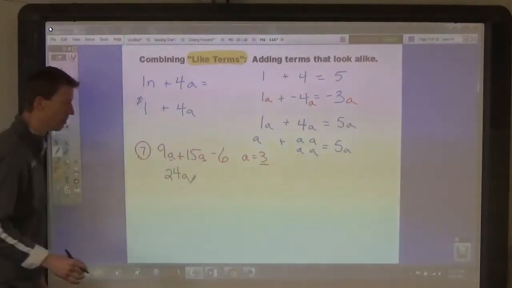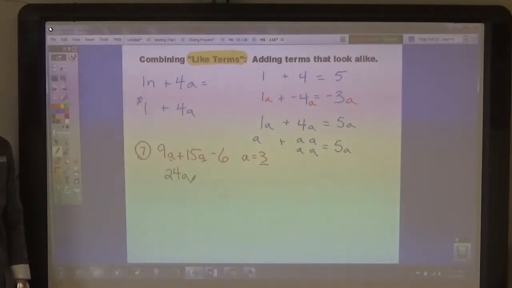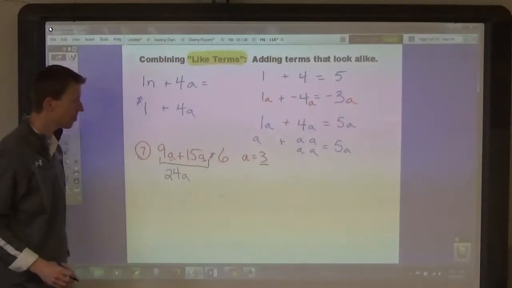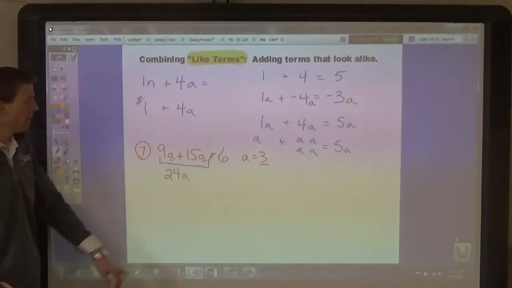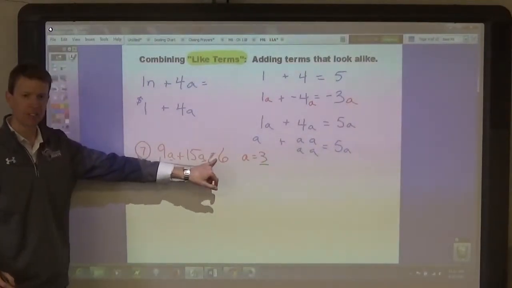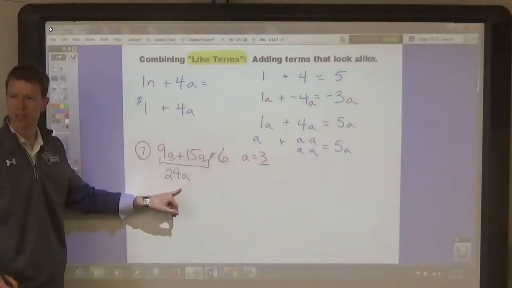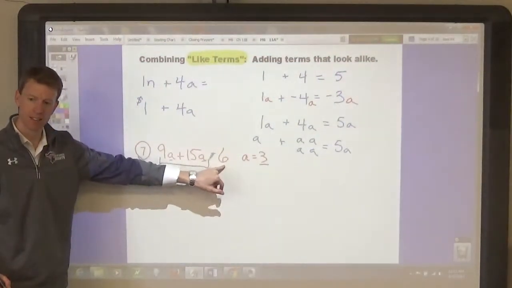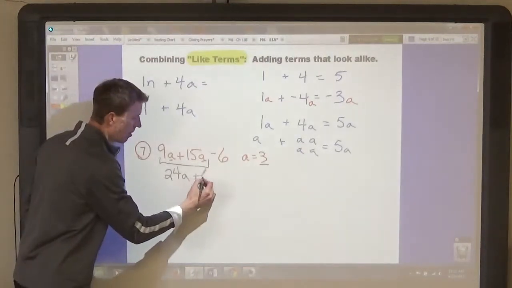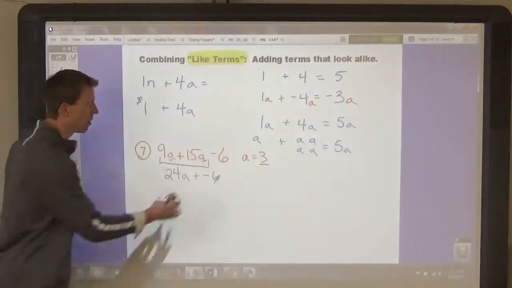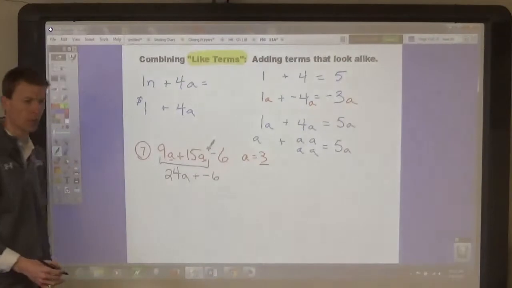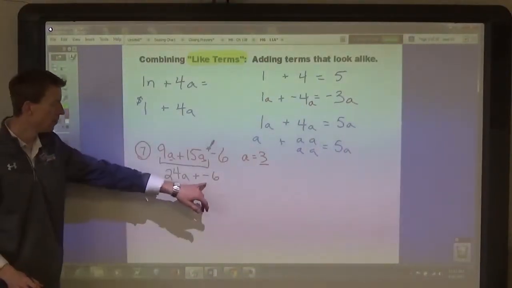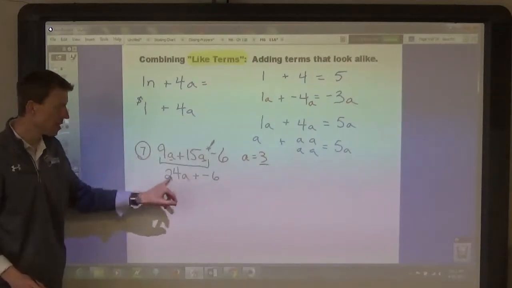We can add these two first. And can we add the negative 6 to this? No, because it's not negative 6a's. It's just negative 6. So I put the plus sign in front of the minus sign because we always do that. And now we've simplified it.